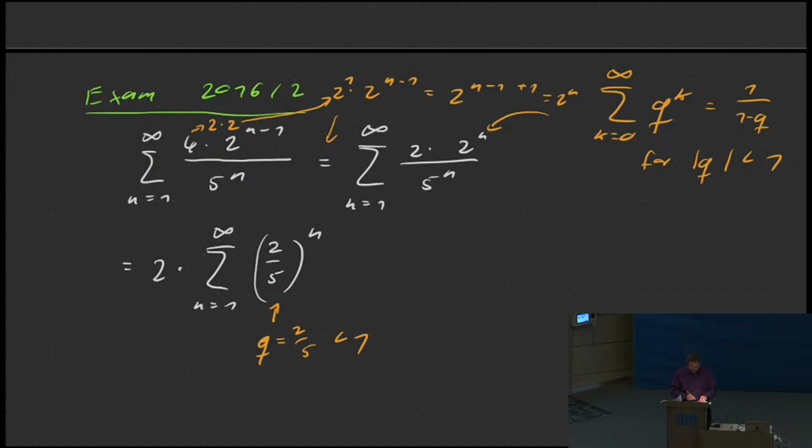Only problem that I still have is I have a 1 here instead of a 0. Right, but we do know how to deal with that. We've seen that already. So just start from 0 and then subtract the sum that we've added that way. Okay, so now we have 2, and let's start our summation from 0 instead of from 1.